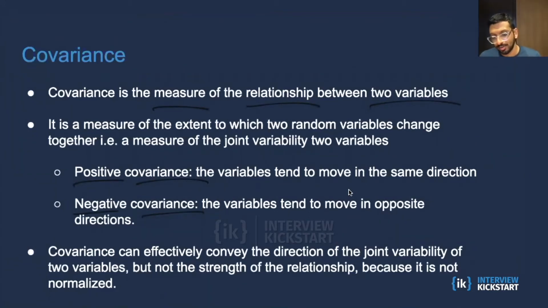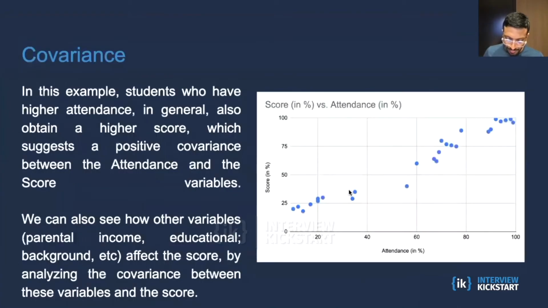But it isn't very good at conveying the strength of the relationship because the quantities x and y involved are not normalized. And in order for this quantity to actually give you a good sense of how strong the relationship is, this quantity would have to be normalized. But with this information about covariance, let's go forward.